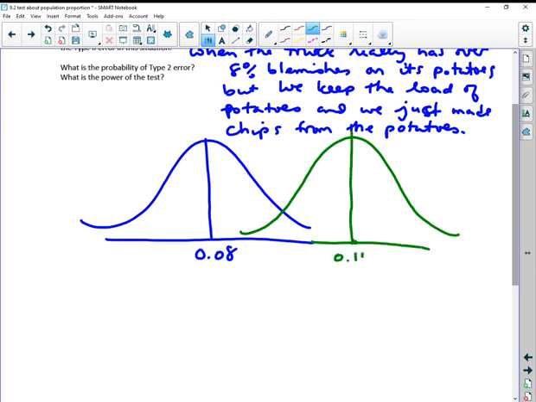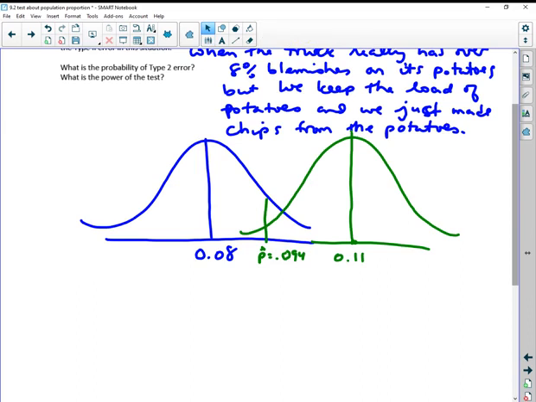They're at 0.11. They're really not the same as our potatoes that we have. And then we just went out there and we got a statistic of 0.094, which doesn't really matter for this calculation of our power and of our type 2 error.